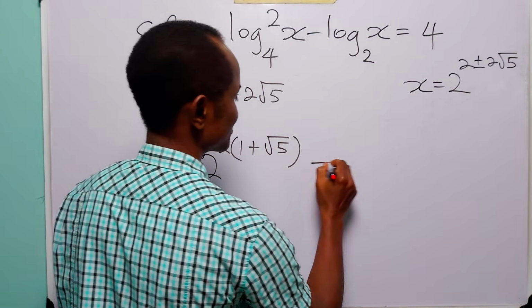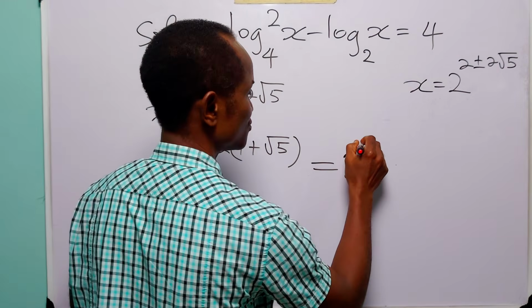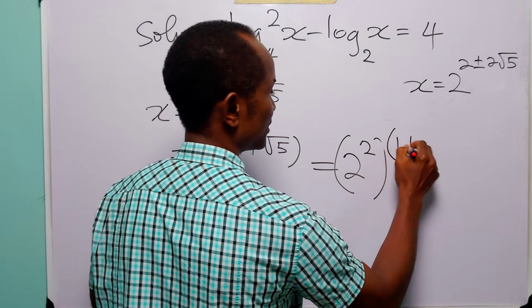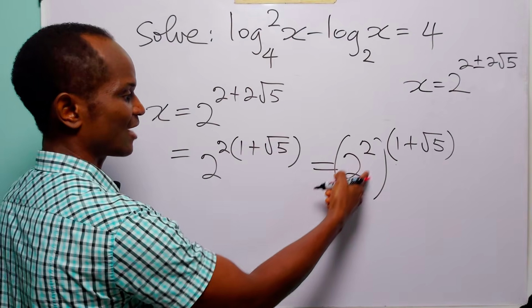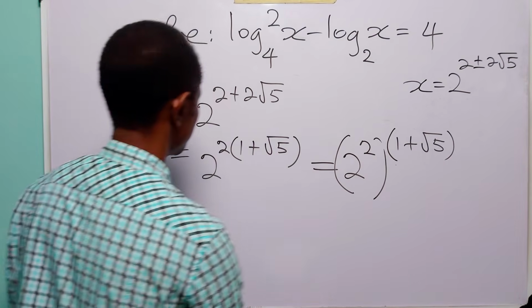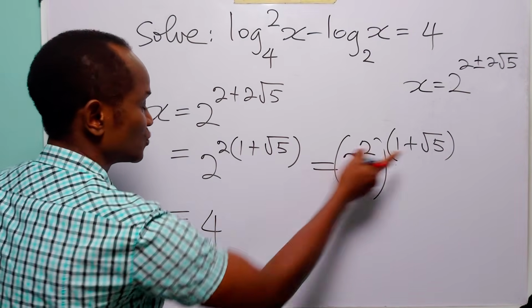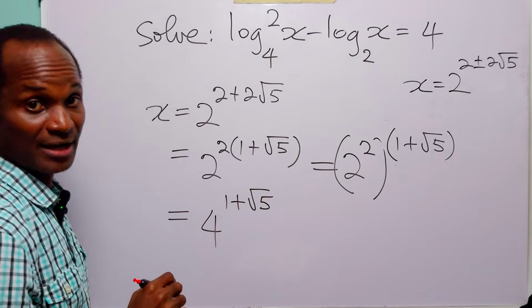And from our studies of indices, you know that this is the same as 2 squared to the power 1 plus root 5. And of course, 2 squared is equal to 4. So x is equal to 4 to the power 1 plus root 5.